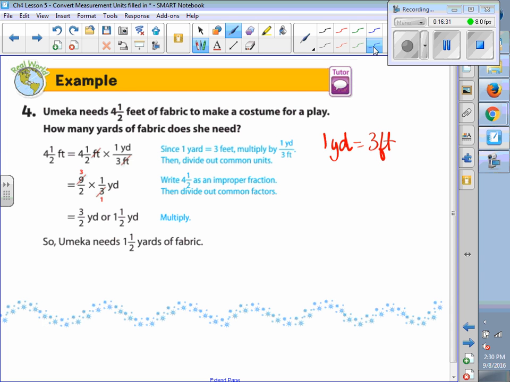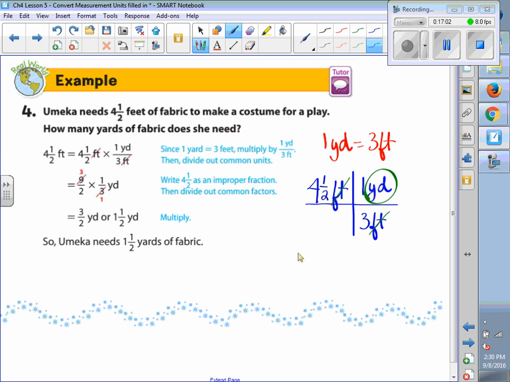And we are starting with 4.5 feet of fabric, and we're going to convert that to yards. So we're going to put 3 feet in the denominator and 1 yard in the numerator. So here again you can see that feet and feet will cancel, and yards is what we're left with.